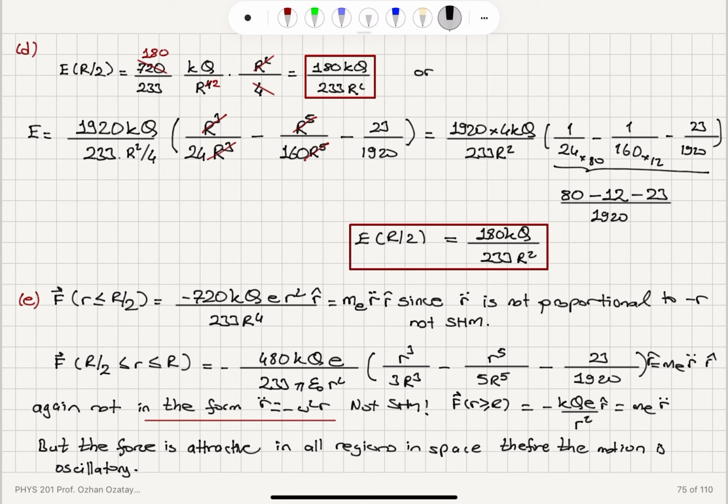Therefore, the motion will be oscillatory, but the equation of motion is not in the form r double dot equals minus omega square r. Therefore, in none of these three regions will we observe simple harmonic motion.